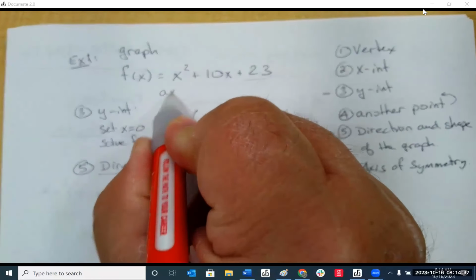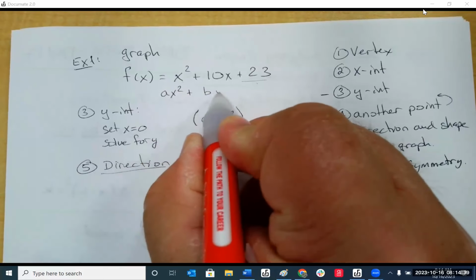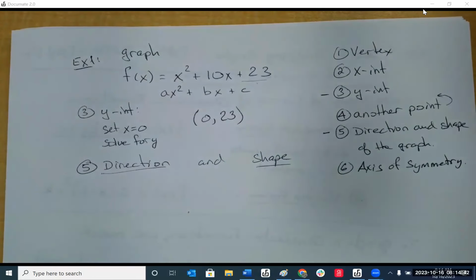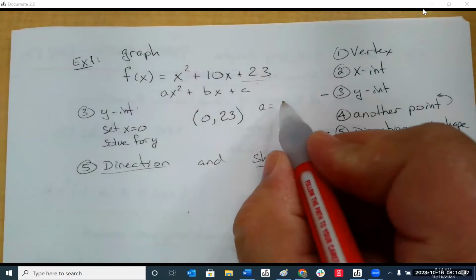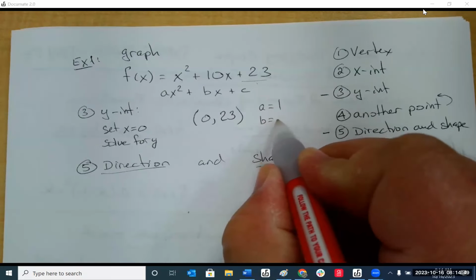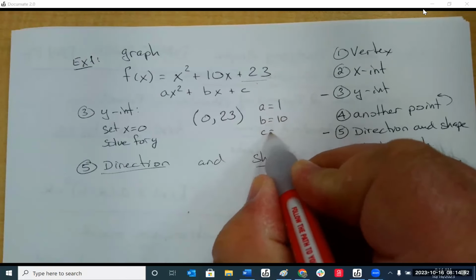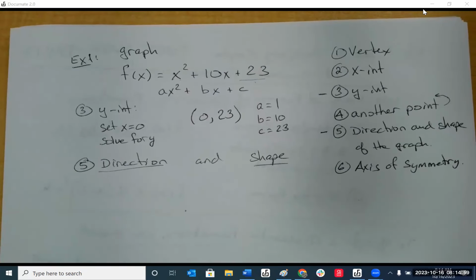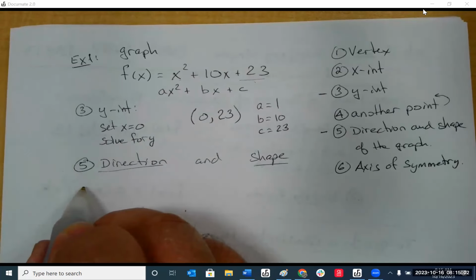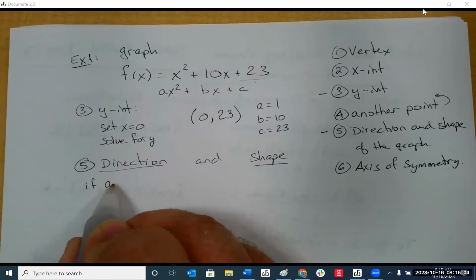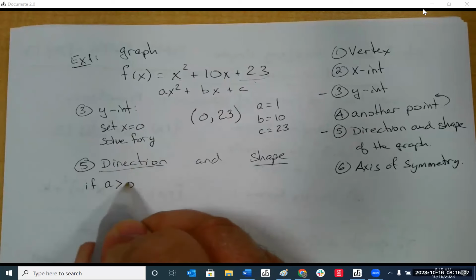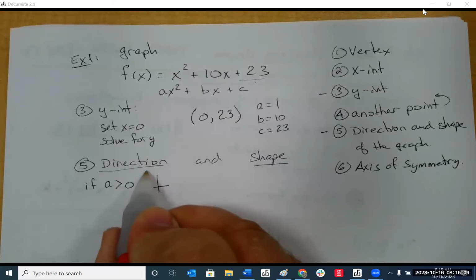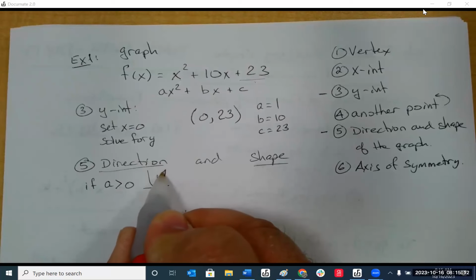Our function actually looks like this, where a is positive 1, b is positive 10, and c is positive 23. So for the direction, if a is positive, the graph opens up.